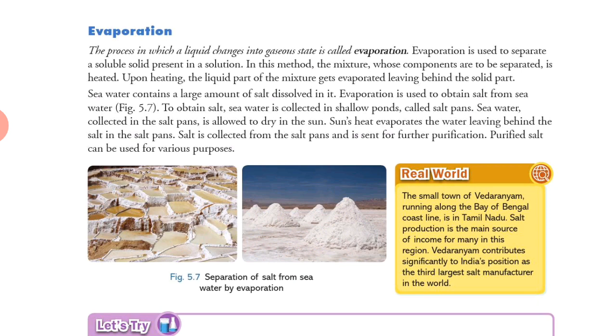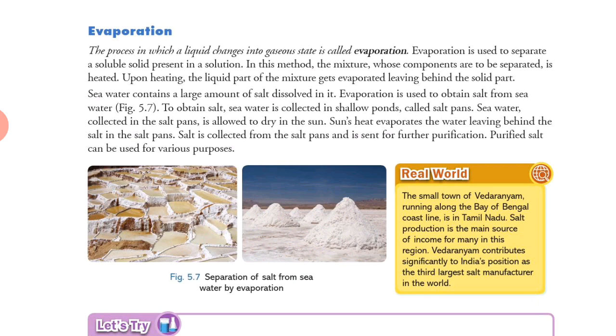Seawater contains a large amount of salt dissolved in it. Evaporation is used to obtain salt from the seawater. To obtain salt, seawater is collected in shallow ponds called salt pans.